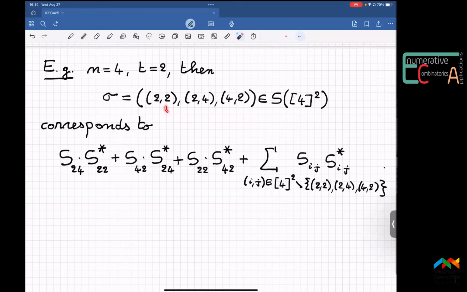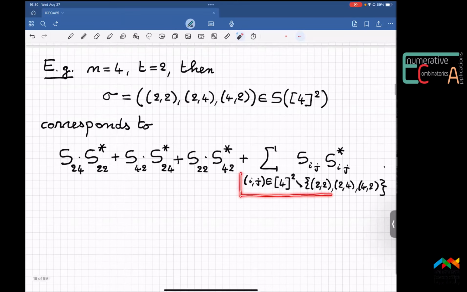Well, sigma sends 22 to 24, so I have S24, S22 star. It sends 24 to 42, so I have S42, S24 star, and it sends 42 back to 22, so I have S22, S42 star. And then I have all the fixed points, and in all the other elements ij goes to ij, so I have Sij, Sij star. So this would be the unitary corresponding to this permutation.